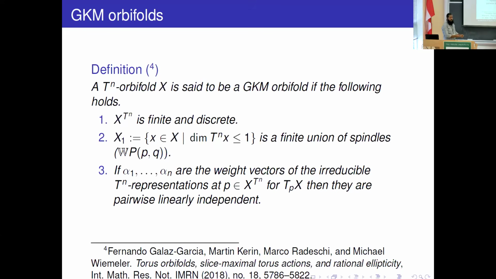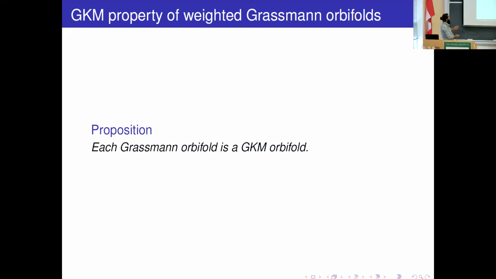Okay, so what is the relation between this GKM orbifold and Grassmannian orbifolds? We can show that, and Kaushik did some calculation in our paper, and that helped me to prove this one also. Explicitly, the fixed point set of the Grassmann orbifold corresponds to the permutation matrices.